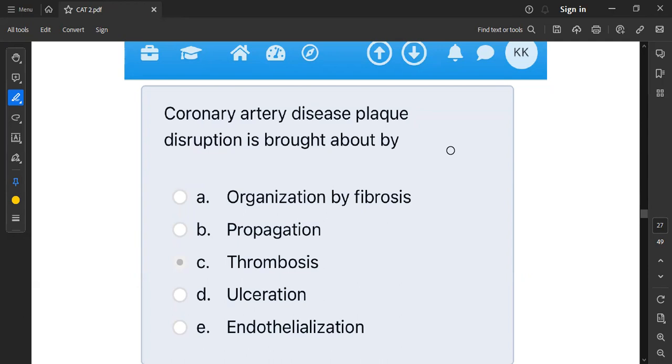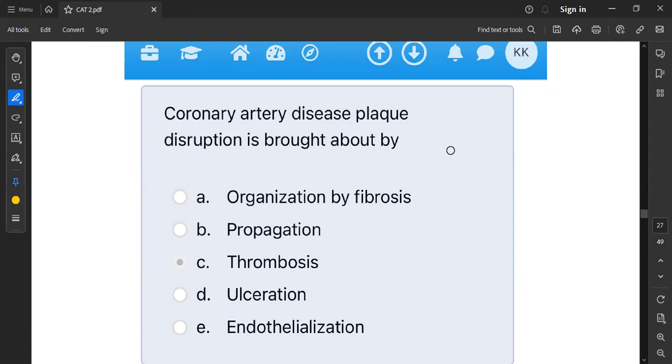Now, what usually leads to plaque disruption? Plaque disruption is simply saying what can lead to this thrombus that has been formed to dislodge from where it has formed. The thing that can lead to dislodgement of this thrombus is ulceration. When you get ulceration at the base of the thrombus, where it had formed, this thrombus will most likely break off.